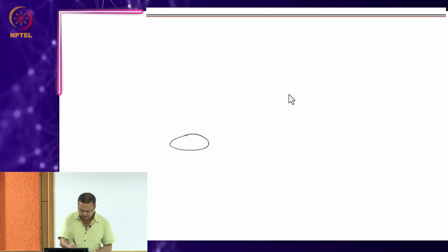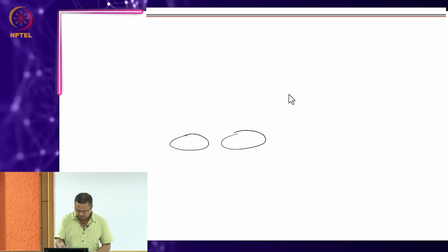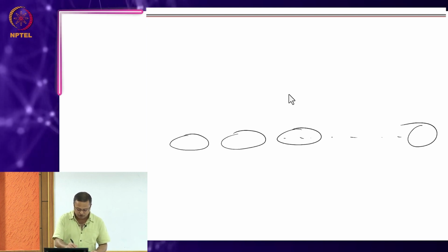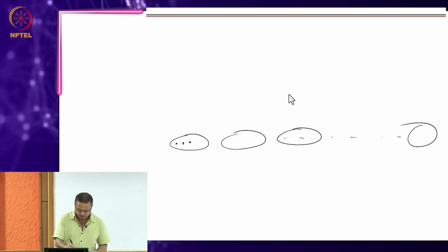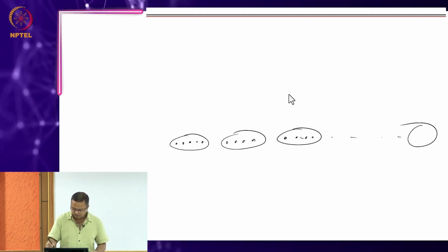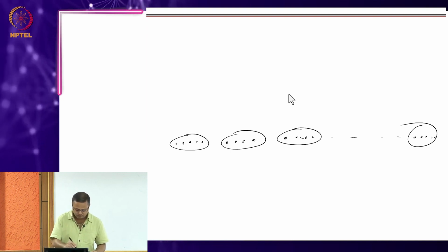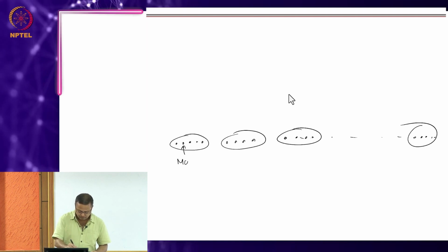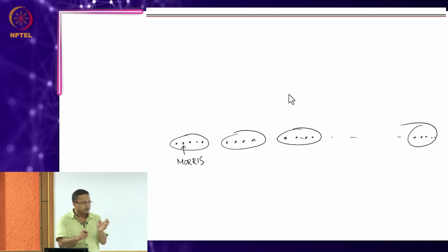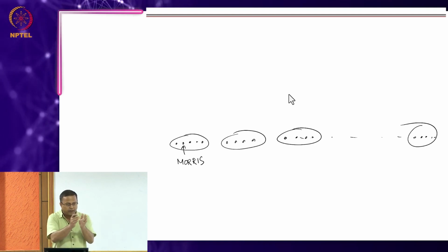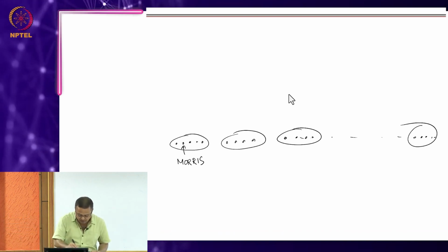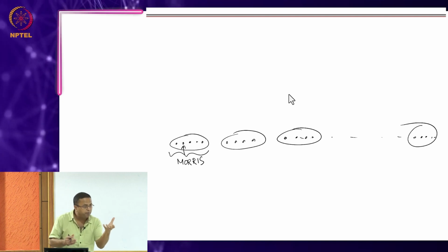So, what happens is, these are all instances of Morris. All these individual dots are parallel runs of Morris. I club some of them. How many do I club?